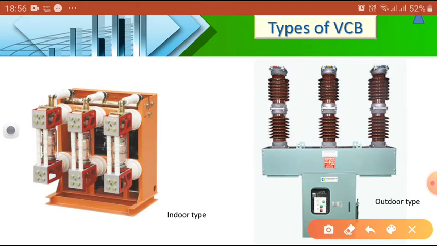It means it interrupts the current in the off cycle itself. So, that is the thing you should know.